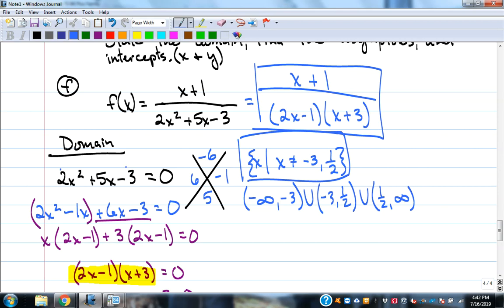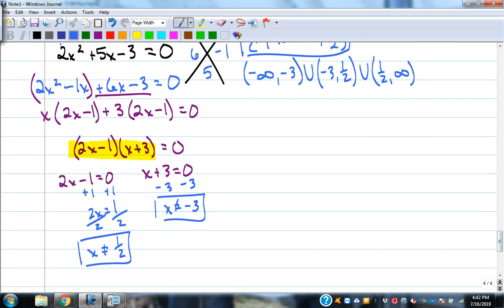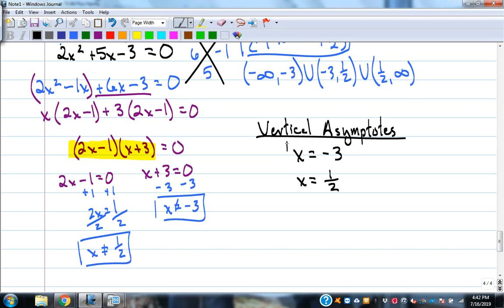So that means that once we've done that, we can look at the asymptotes. So we're going to have vertical asymptotes. Because nothing's simplified, our vertical asymptotes are going to be at the numbers that we took out of our domain. So we're going to have a vertical asymptote at x equals -3 and x equals 1/2.